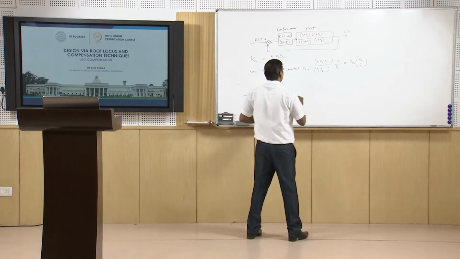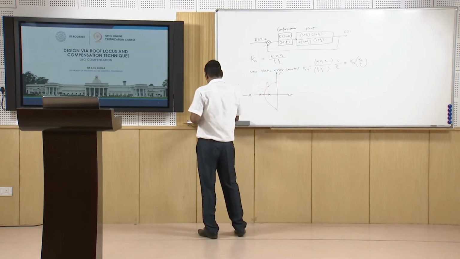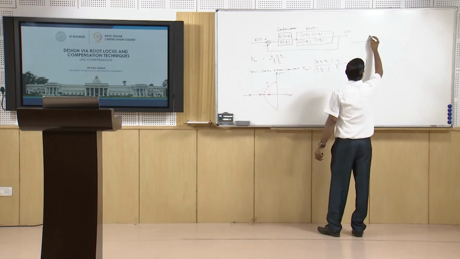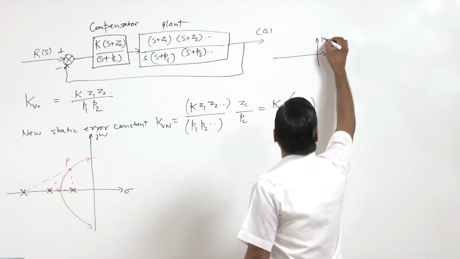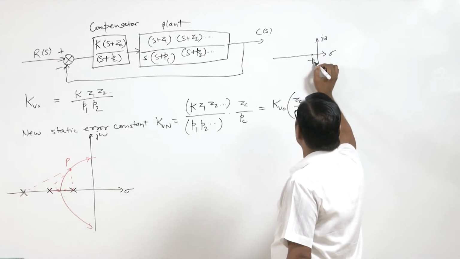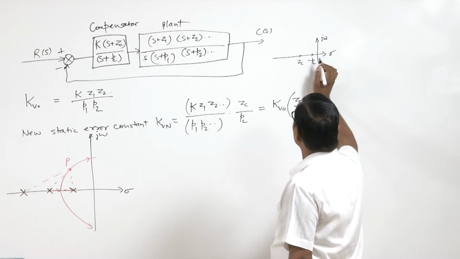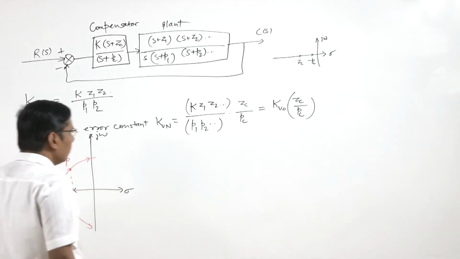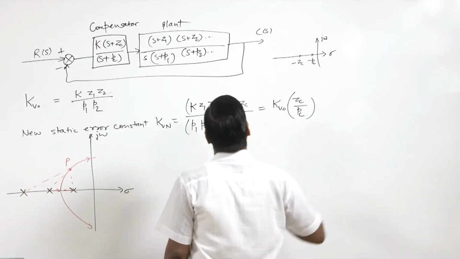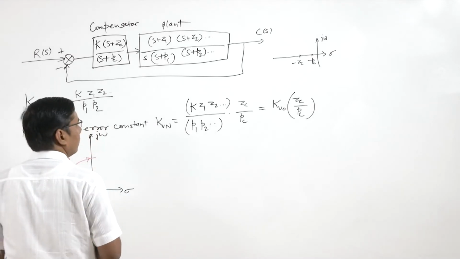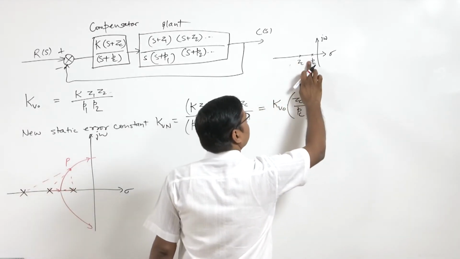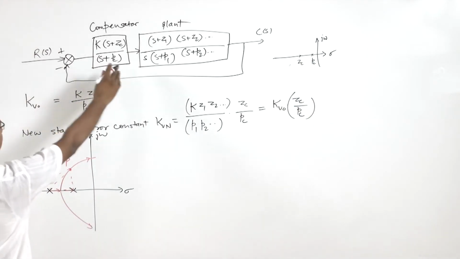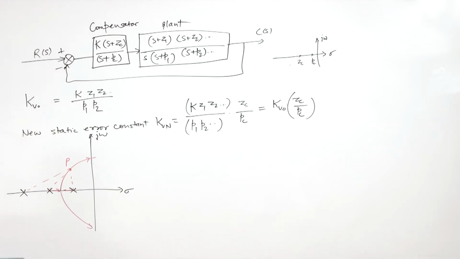we have added this pole and this zero. Let's take the minus sign here, s plus zc equal to 0, so s equals minus zc.